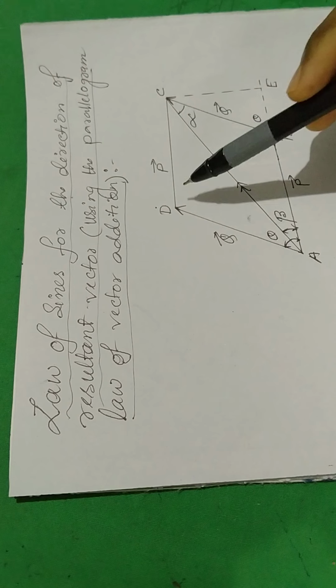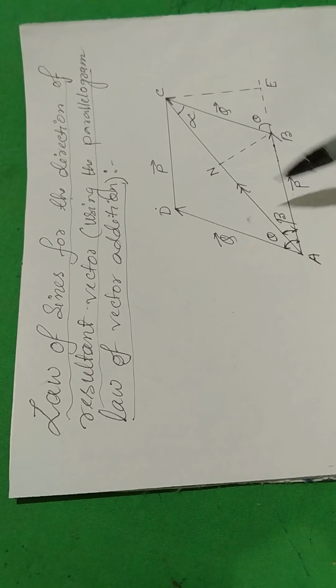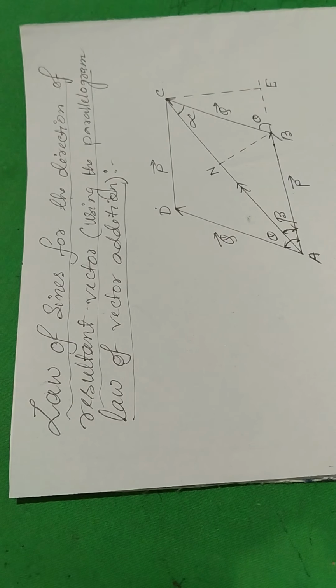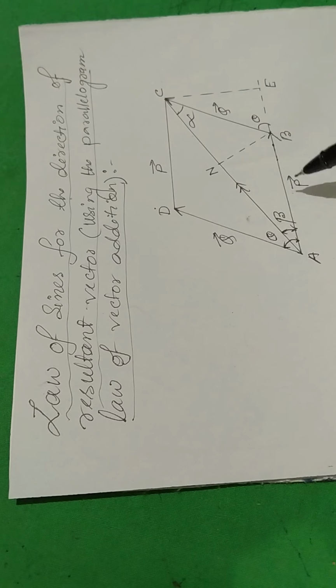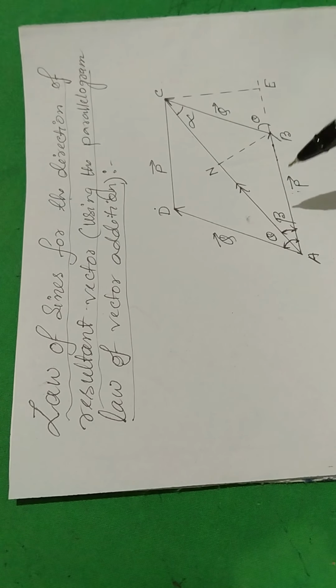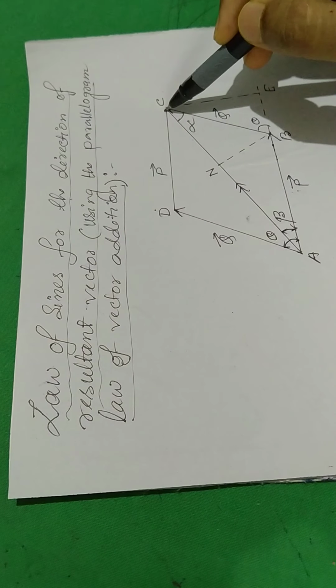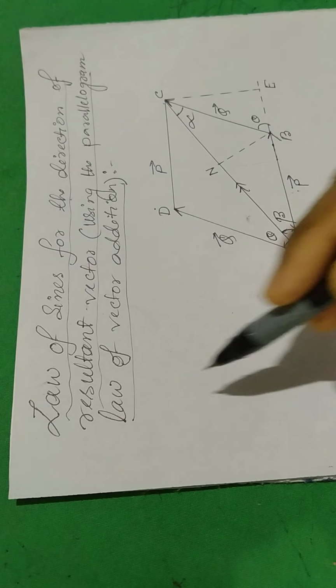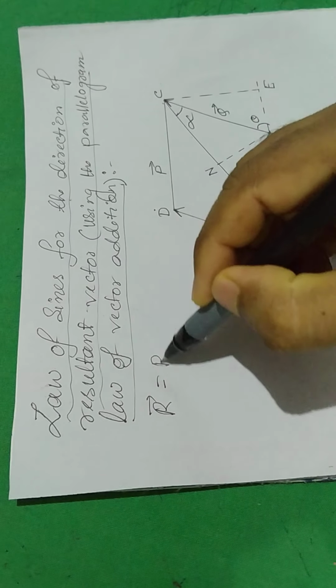AB and AD represent the two vectors P and Q making an angle theta as shown in the figure. Then according to the parallelogram law of vector addition, the resultant of P and Q is represented in magnitude and direction by AC. So if R is the resultant vector, R equals P plus Q.